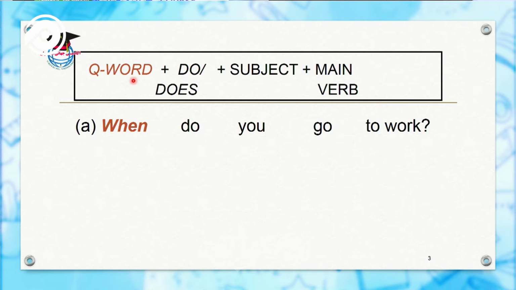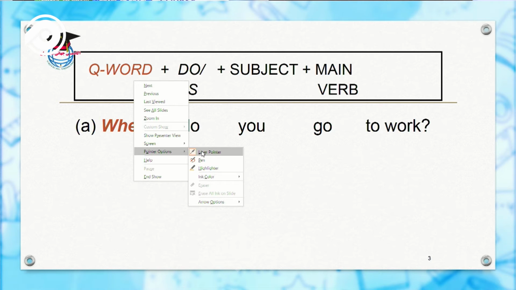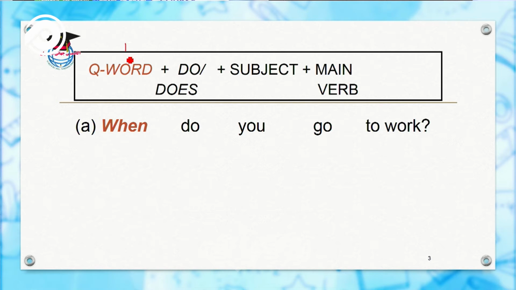The first thing you do, step number one, is put the question word. Then the second step is do or does. You have to use do or does. For example, when do or when does, right?